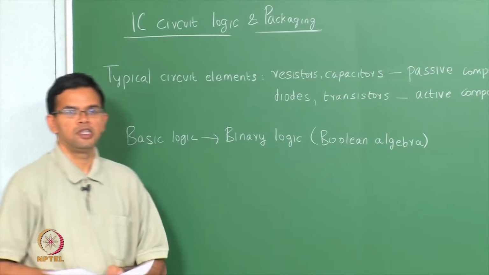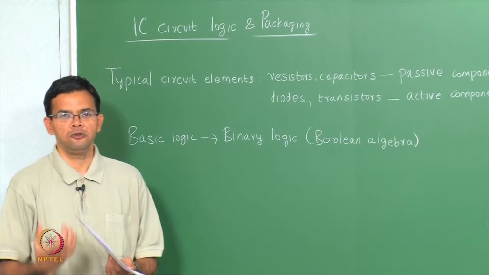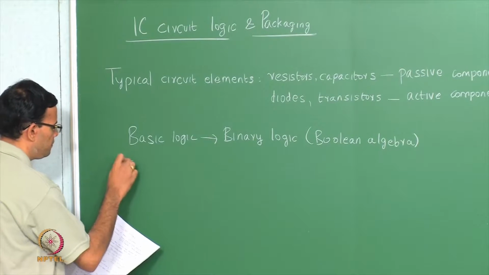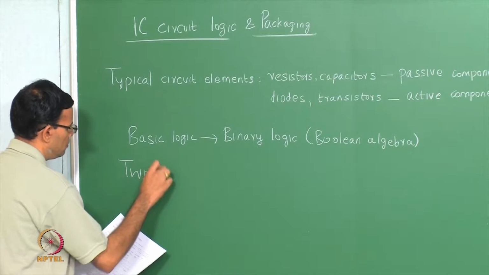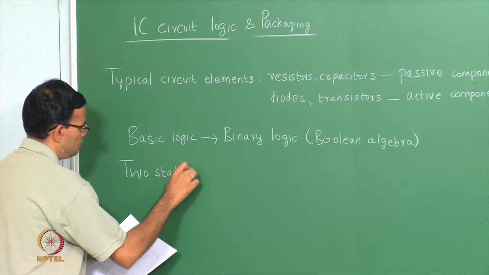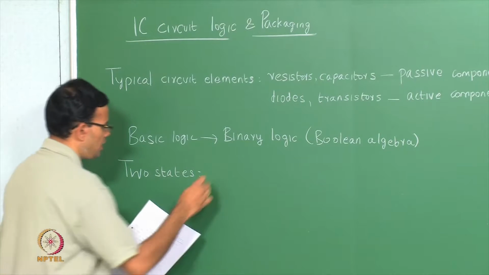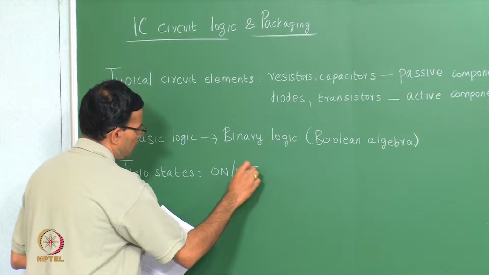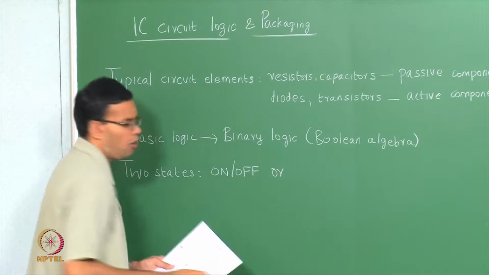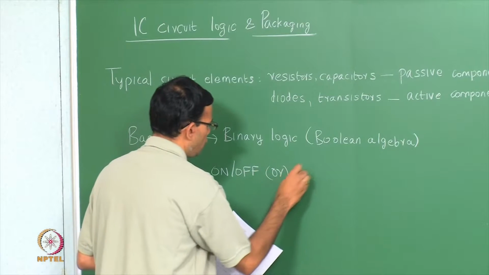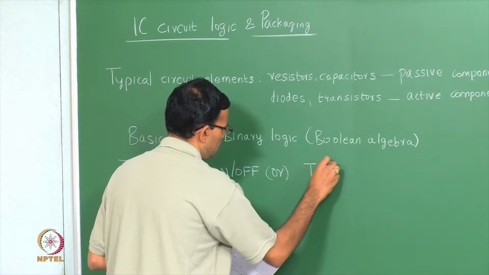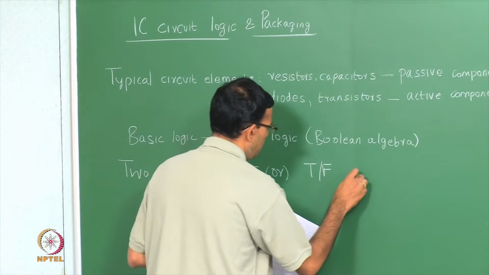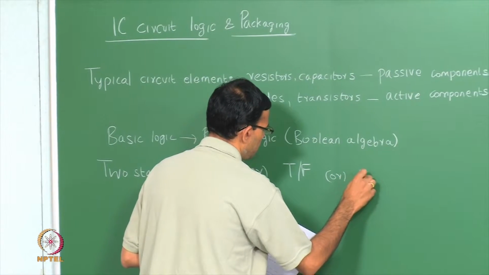So, according to this, there are essentially two states in your system. So, these states are denoted as on and off, or you can denote them as true or false, or even ones and zeros.